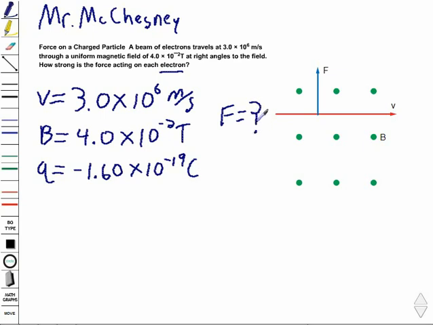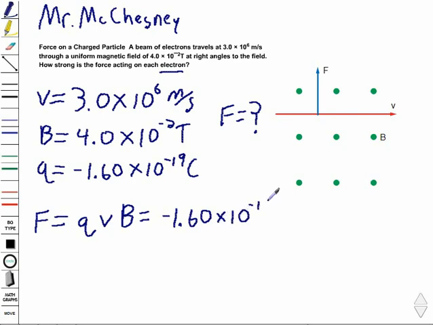So if you look back in your book, to figure out the force, you need to know the charge of the particle, the speed of the particle, and how strong the magnetic field is that it's going through. So we're going to take our charge of our particle, negative 1.60 times 10 to the negative 19th coulombs.